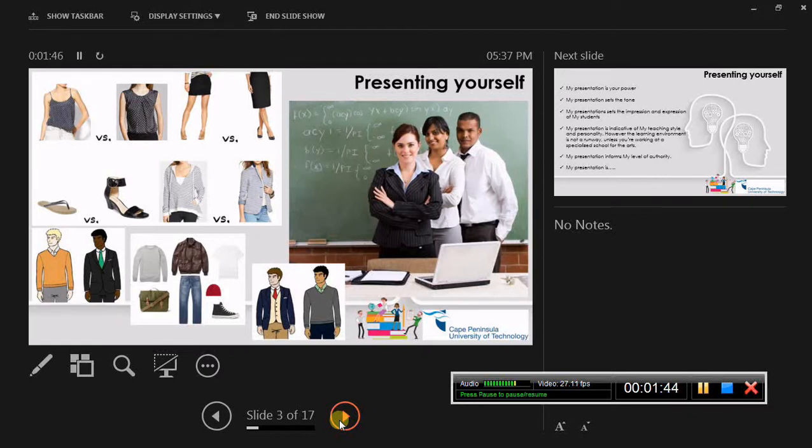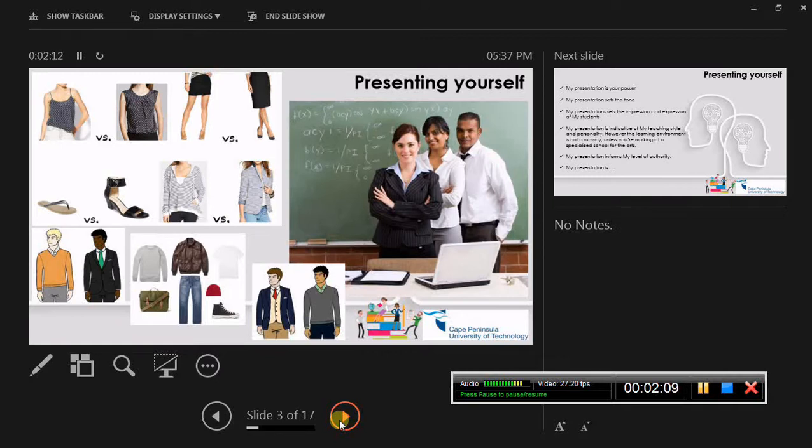Now, here are just a few examples of male-female dress do's and don'ts. Now, I'm not putting the do's and the don'ts here, you would notice that, because what's right to you may be wrong to me, and what's wrong to you may be right to me. But remember, you are entering the profession of teaching. So there is a minimum standard of acceptable attire and dress code.